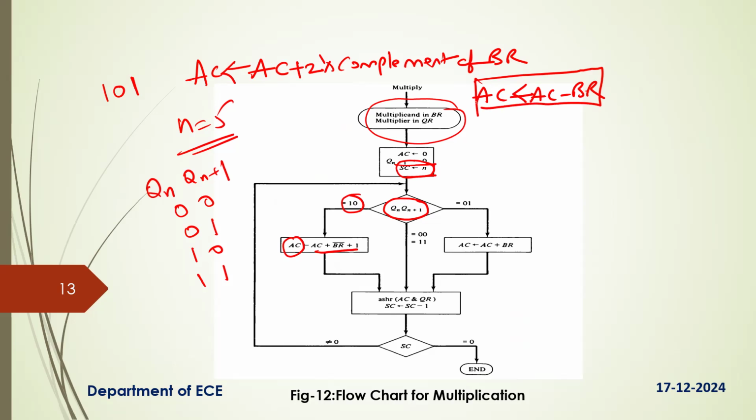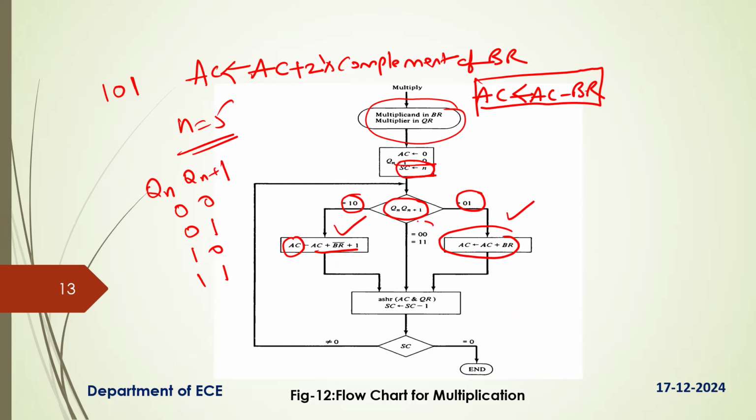Next, when Qn and Qn plus 1 are 0, 1, AC becomes AC plus BR. Previously, I told you the three conditions: the multiplicand is subtracted from the partial product, or the multiplicand is added to the partial product. These are the subtraction condition and the addition condition.